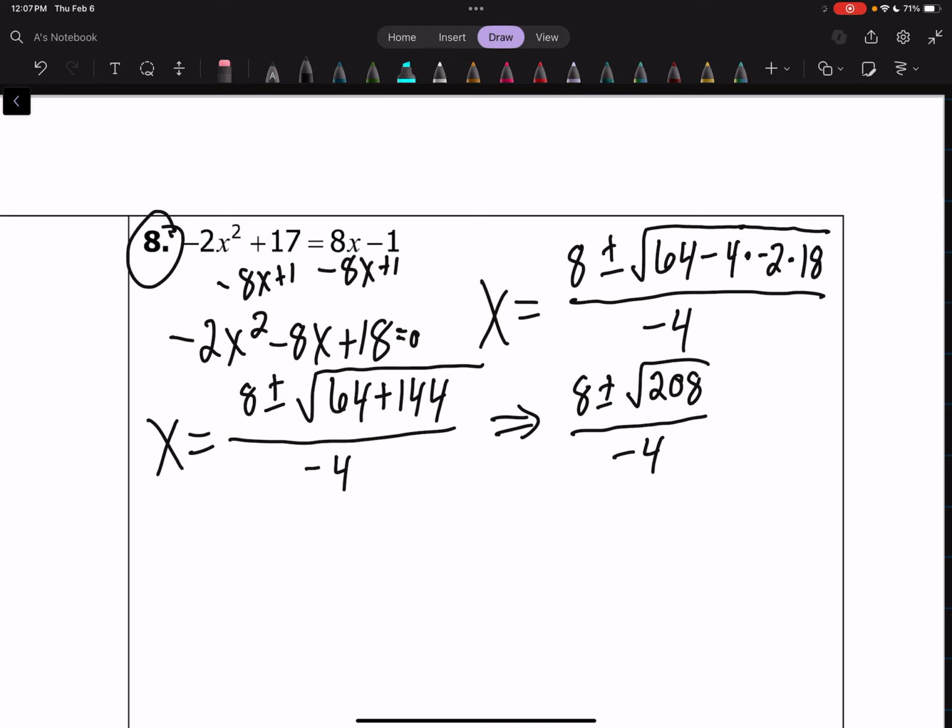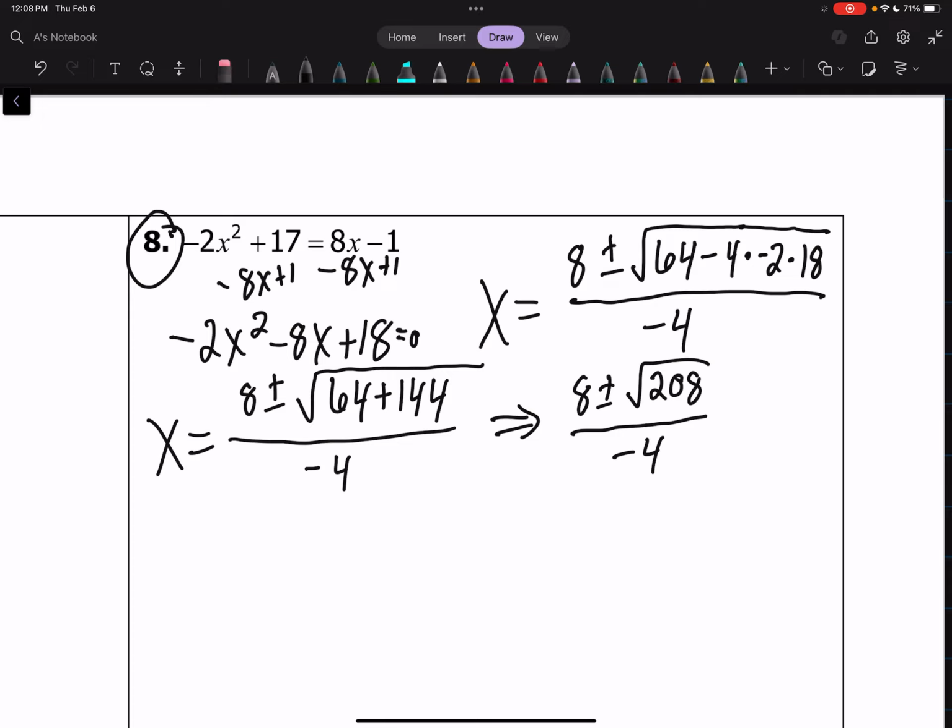Here's your problem. The square root of 208 cannot be factored into just a number. This is an irrational number. There is no perfect square of 208. However, I can split this into a perfect square.